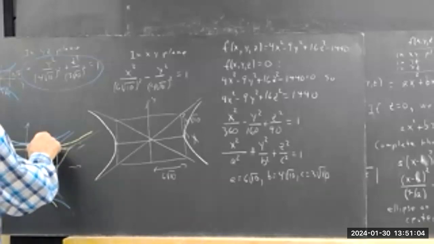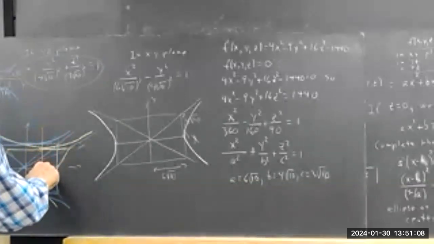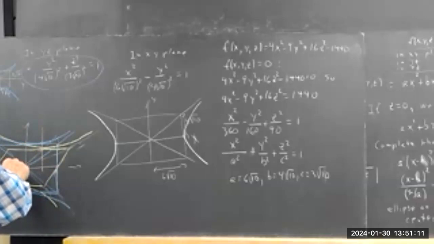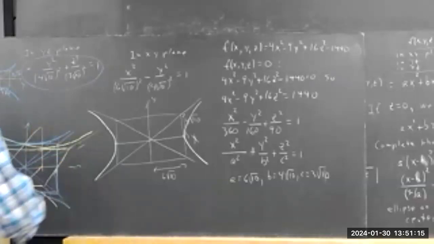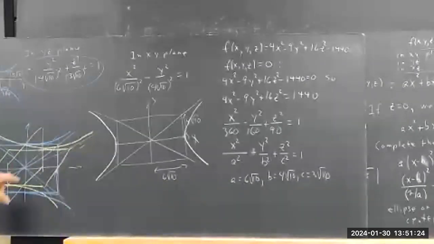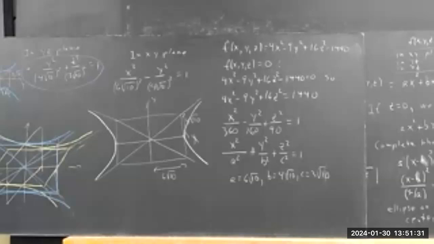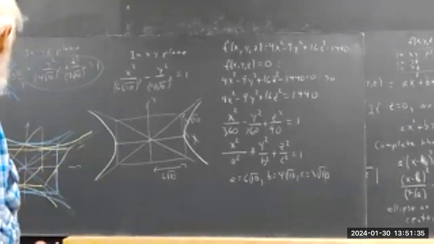And the XZ plane, so it's going to look something like this. So now we've got three rectangles, one flat, one vertical, and one here. And they all intersect at the origin. I mean, the planes all intersect at the origin. And we have an ellipse for this one.